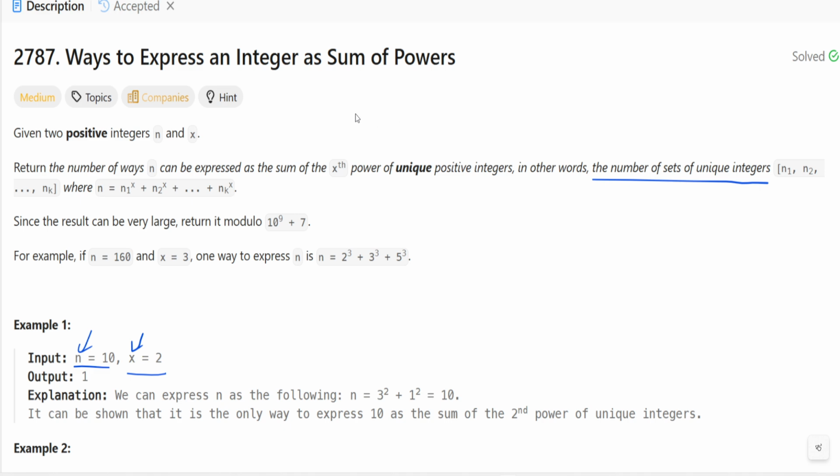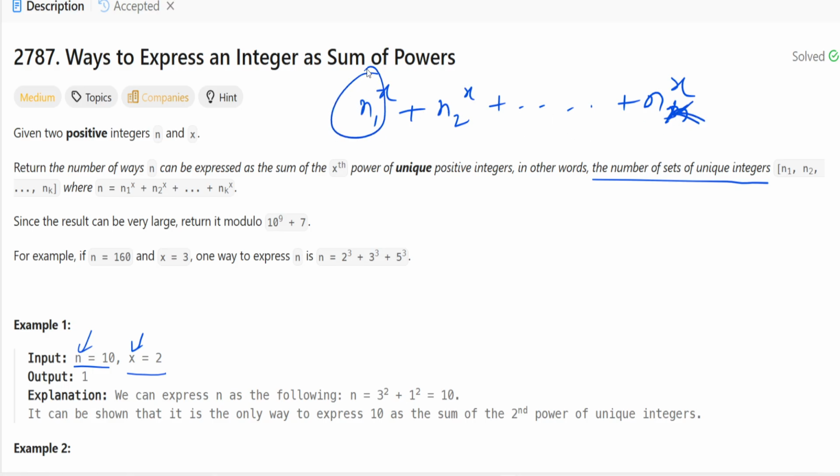Let's suppose we have n1 to the power of x, then n2 to the power of x, n3 to the power of x, and so on till nk.